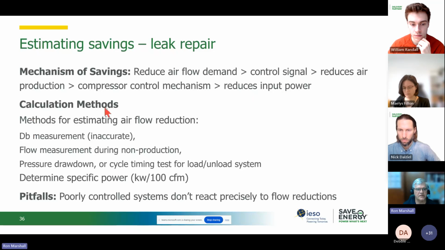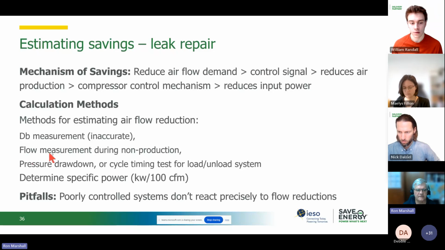Some methods of detecting leaks, right? We might go around with an ultrasonic gun, record decibel readings on things, and try to estimate the CFM of the leaks, right? Find all the leaks, make a report, make some work orders, right? Get people to fix them.